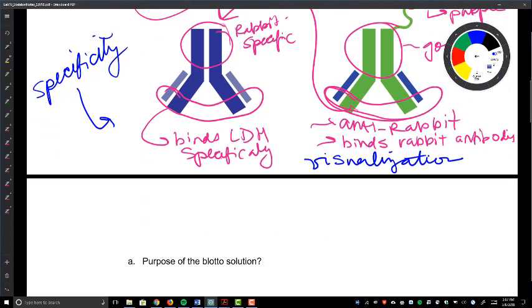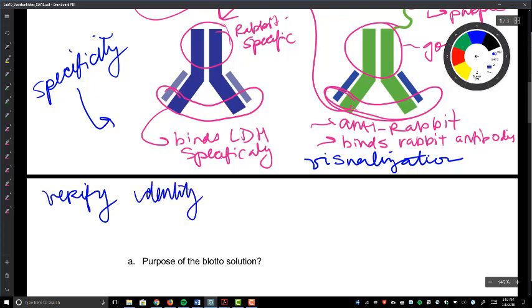And again, what this allows us to do when we add these antibodies to our Western blot, that we can't do with an SDS page gel alone, is to verify the identity of LDH.